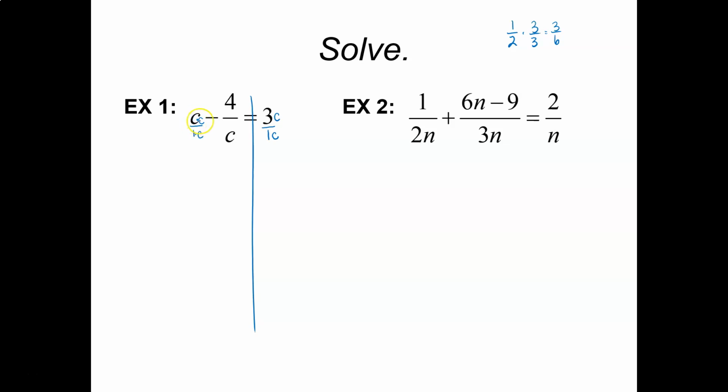So when I do this, what is c times c? It is c squared. Good. So I get c squared over c minus 4 over c equals 3c over c.